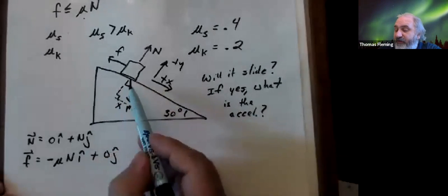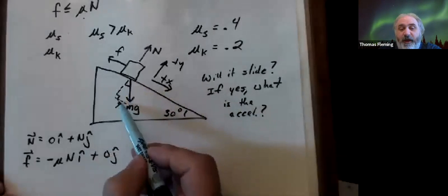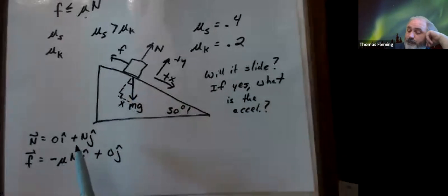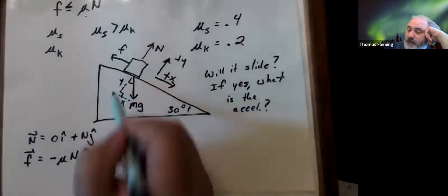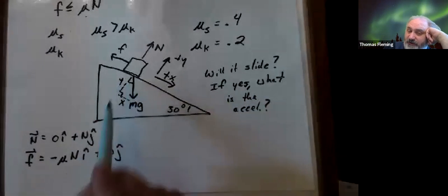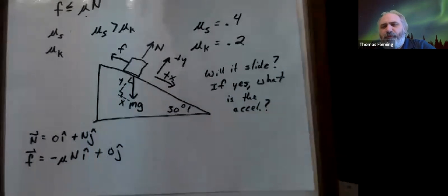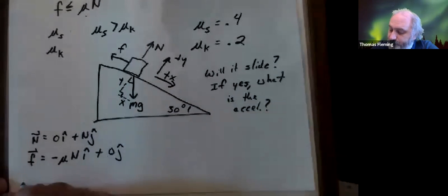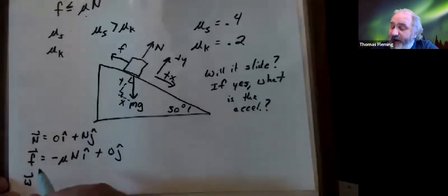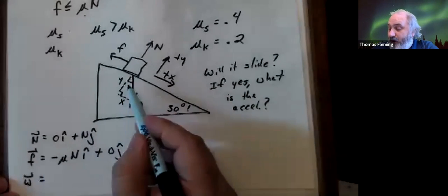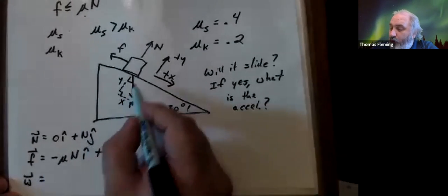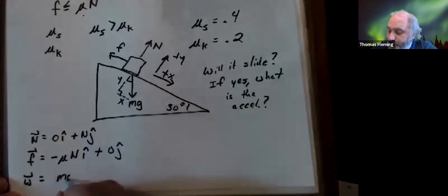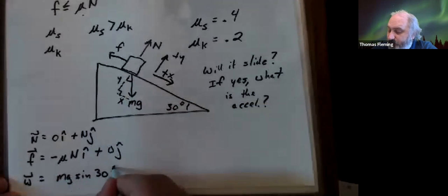And you'll notice how the x component is the opposite side of the triangle from the angle that I know. Whereas the y component is here. That's the adjacent side of the triangle. And so from SOHCAHTOA, I know that the sine is opposite over hypotenuse. So this is going to be the total, that's mg, times the sine of 30 in the i hat direction.